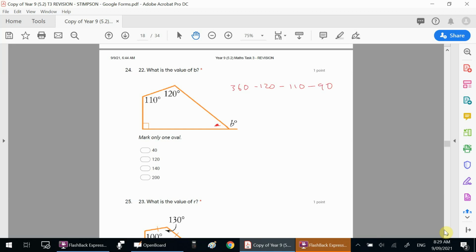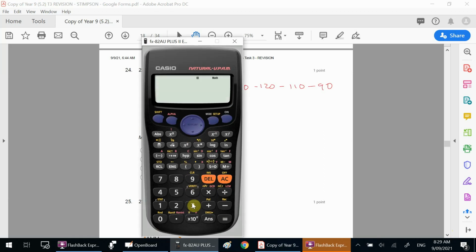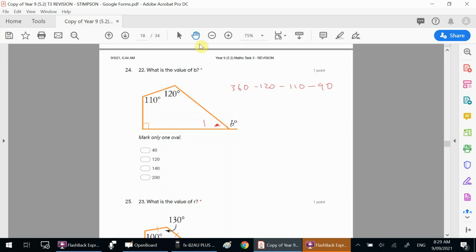Let's have a look. So the dot is 40. So that's 40 there. 40 and that make up 180 because they're supplementary, straight line. So that's 140 for B.